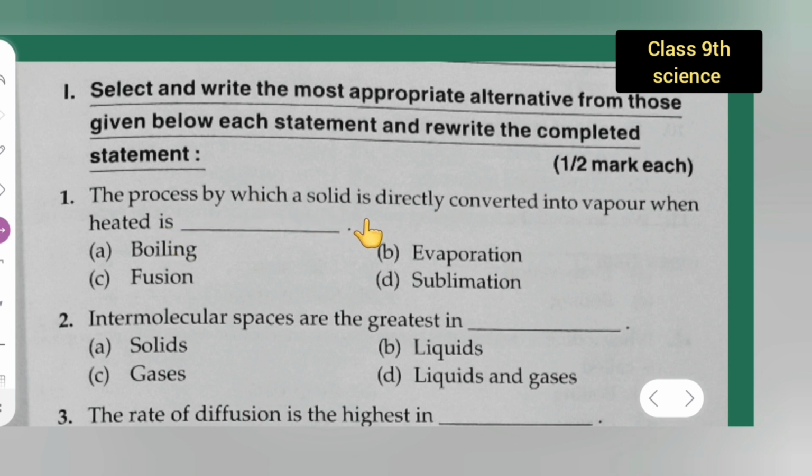The process by which a solid is directly converted into vapor when heated is. Option A is boiling, option B is evaporation, option C is fusion, option D is sublimation. The correct answer is sublimation.